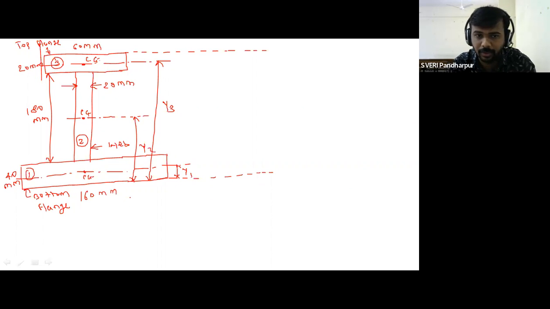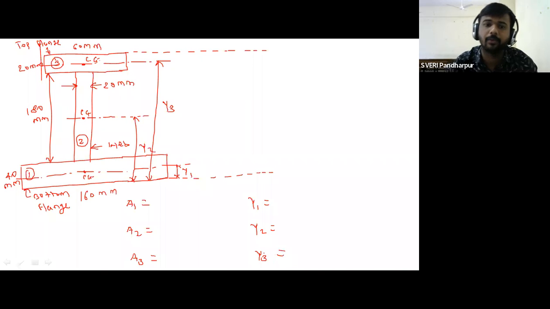Tell me the values. So here I will write A1, then Y1, then A2, Y2, A3, and Y3.